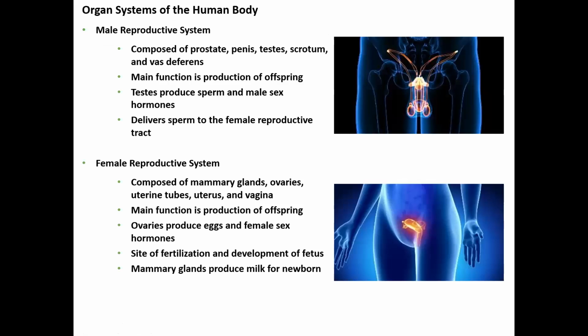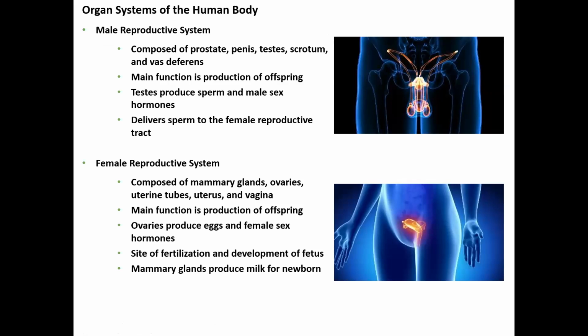Reproductive systems, male and female systems. In the male, we have the prostate, the penis, the testes, the scrotum, and the vas deferens. The main function of the reproductive system in the male is to produce semen and sperm and testosterone.